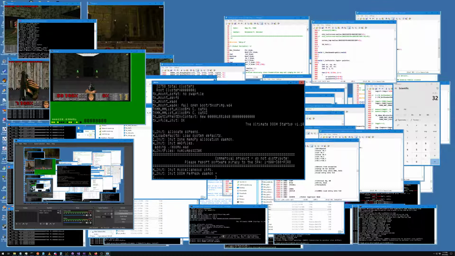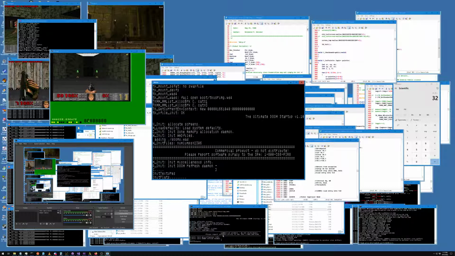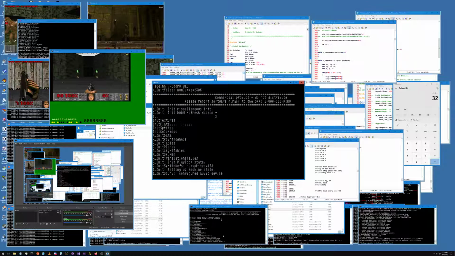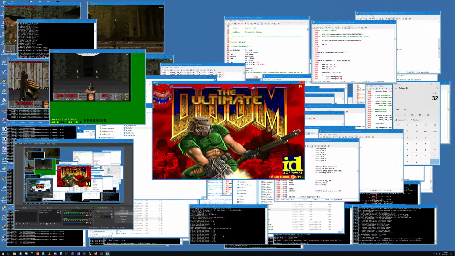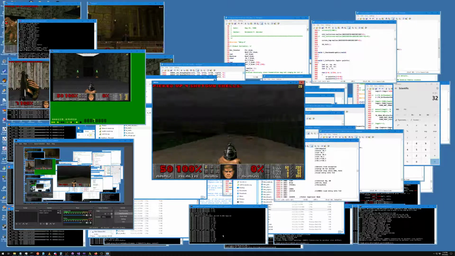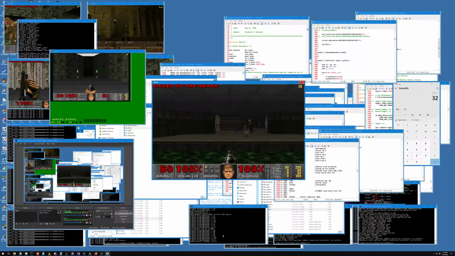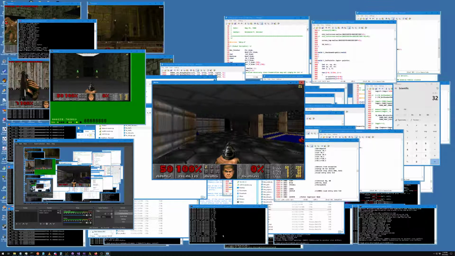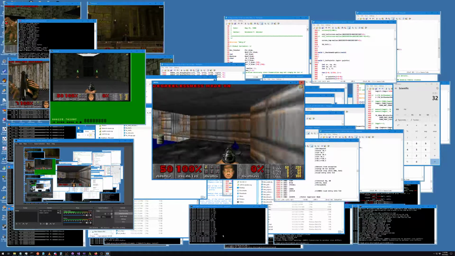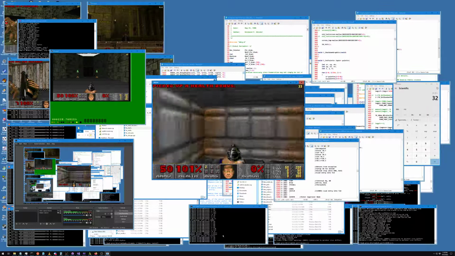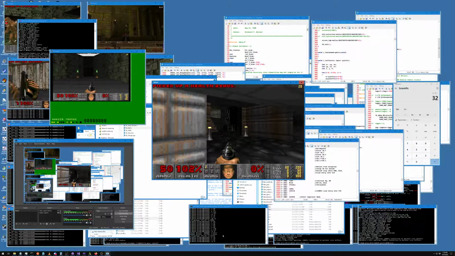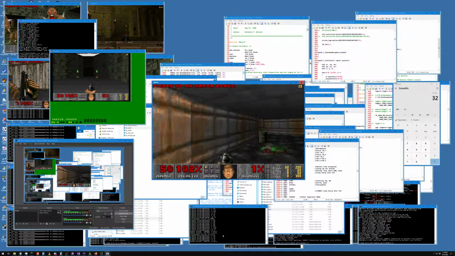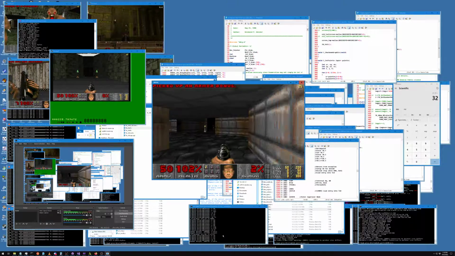Fire up Doom here. So yeah, in the case of Doom, it now spends time mostly above 20 frames per second.